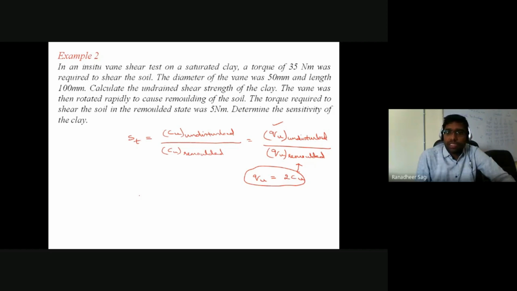For determining the sensitivity of the soil, we need to find out the undrained cohesion value in the undisturbed state as well as in the remolded state. Now, how do we calculate the undrained cohesion value?